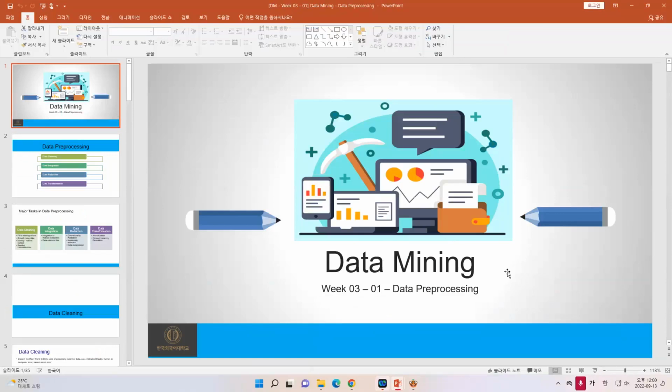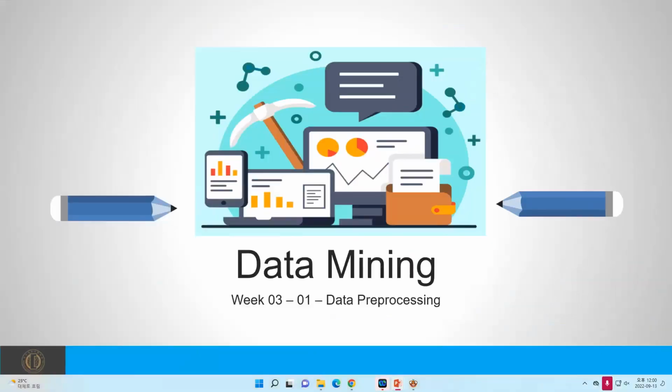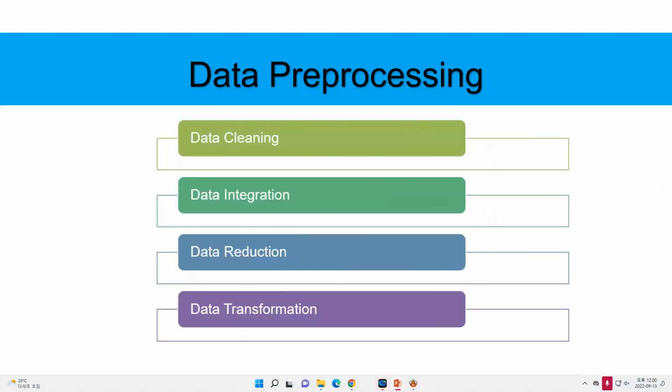So the next topic is data pre-processing. I already shared the PowerPoint in the e-class. In this chapter, we will learn the major tasks in data pre-processing: data cleaning, data integration, data reduction, and data transformation.